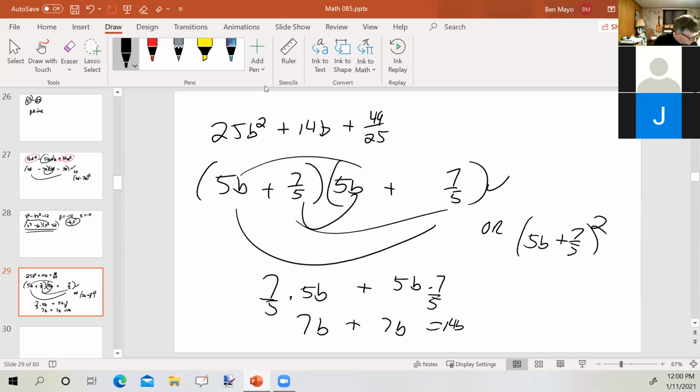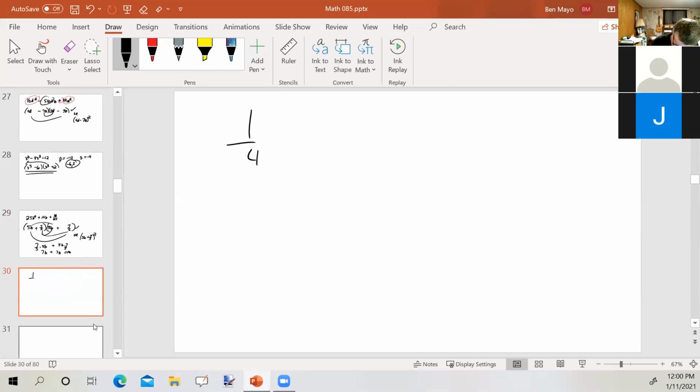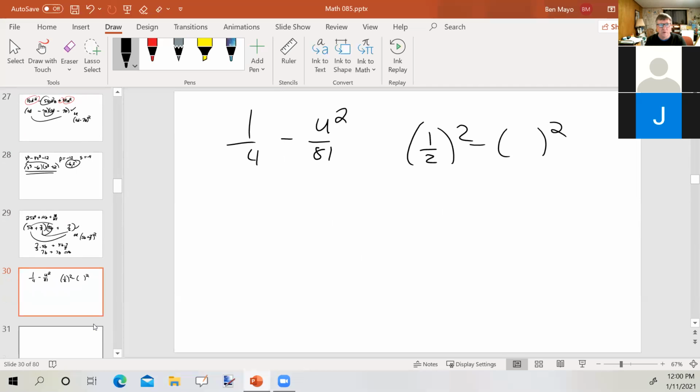Okay. One more. Let's say we've got 1/4 minus u squared over 81. Well, this is a binomial with a subtraction sign. Let's see, can we write it this way? Well, 1/4 would be 1 squared over 2 squared, or 1/2 squared.